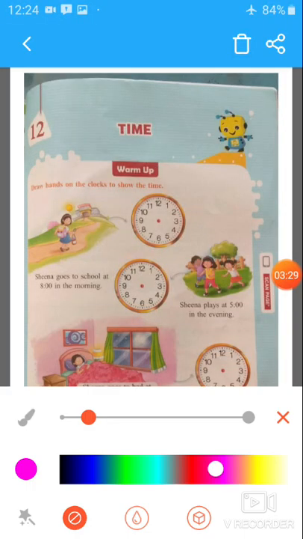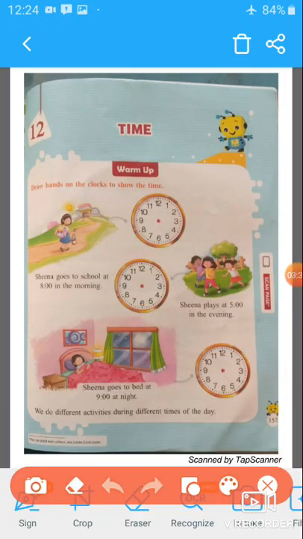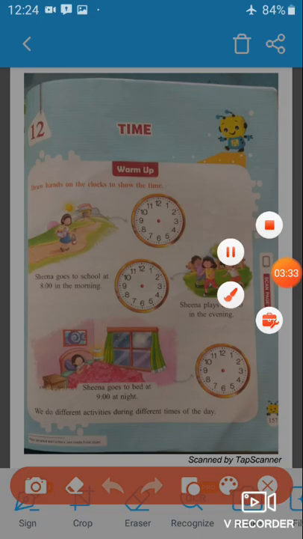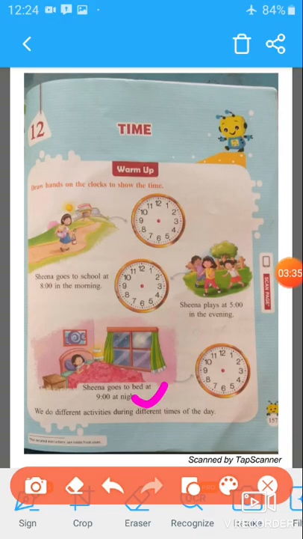Next, Sina goes to bed at 9 at night. So students, here you will show the time 9 o'clock by drawing the hour hand at 9 and the minute hand at 12. So students, this shows the time 9 o'clock.